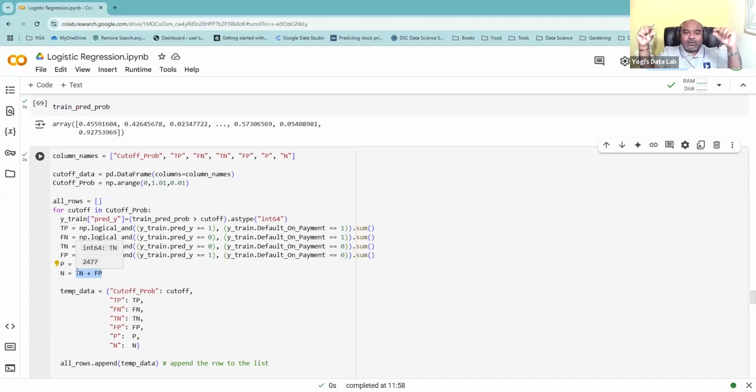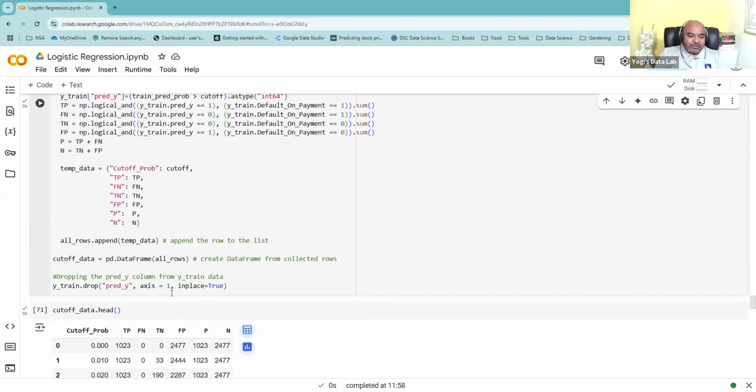The loop will then go to 0.01, because we are increasing by 0.01. At 0.01, what are the TP, FN, TN, FP, P, and N? At 0.02, the same. This will keep repeating till 1.00.